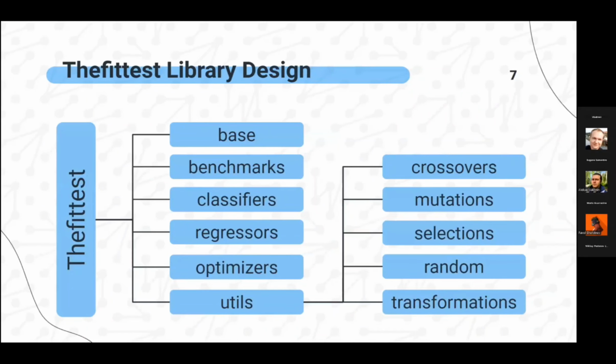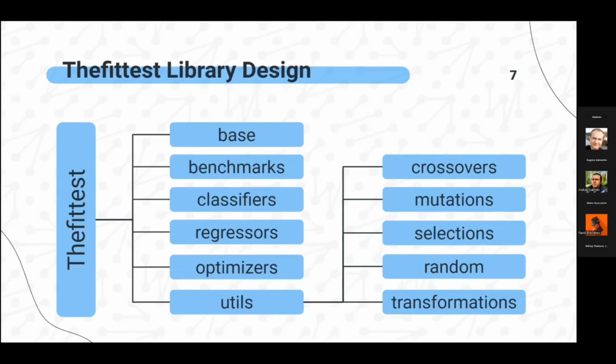The Thefittest library is divided into 6 modules. Each serves a specific purpose. Let's explore how they interact and what they offer. We begin with the base module, which handles foundational elements such as binary trees or neural networks.